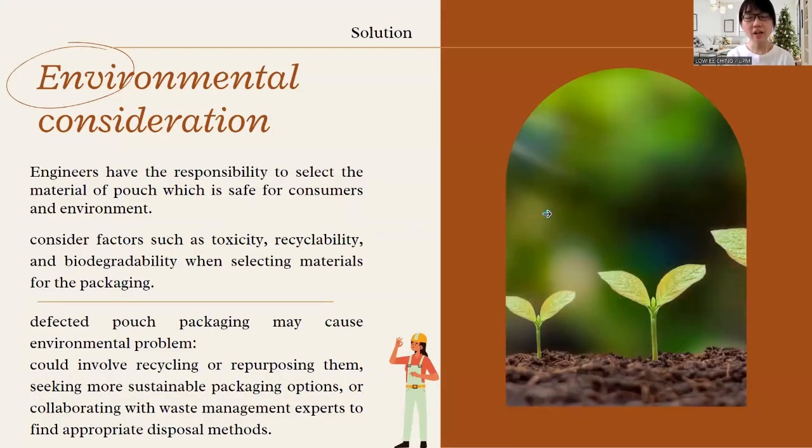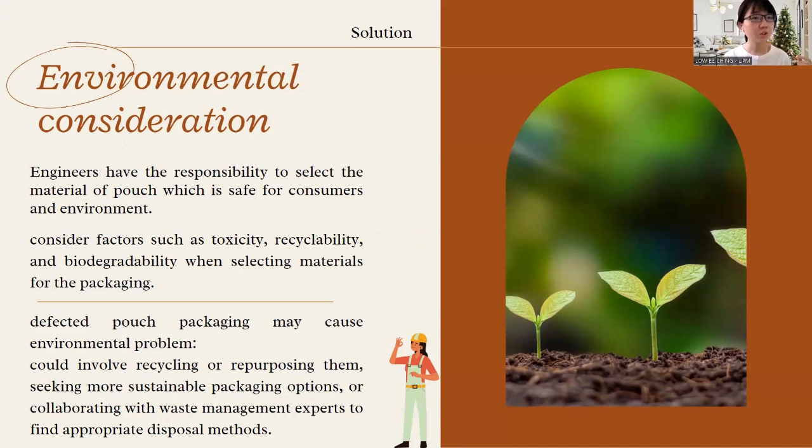My name is Loh Yi Ching and my matric number is 203704. I will continue with another solution, which is environmental consideration. Engineers have the ethics and responsibility to select the pouch material which is safe for consumers and the environment. We should consider factors such as toxicity, recyclability, and biodegradability when selecting material for the packaging.